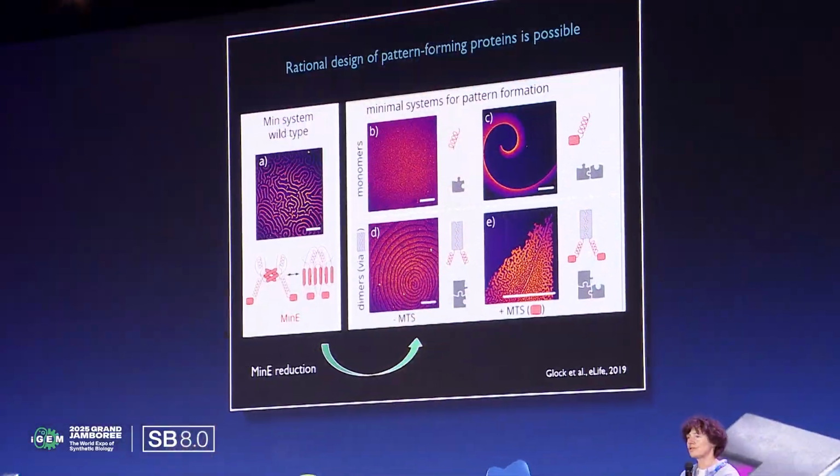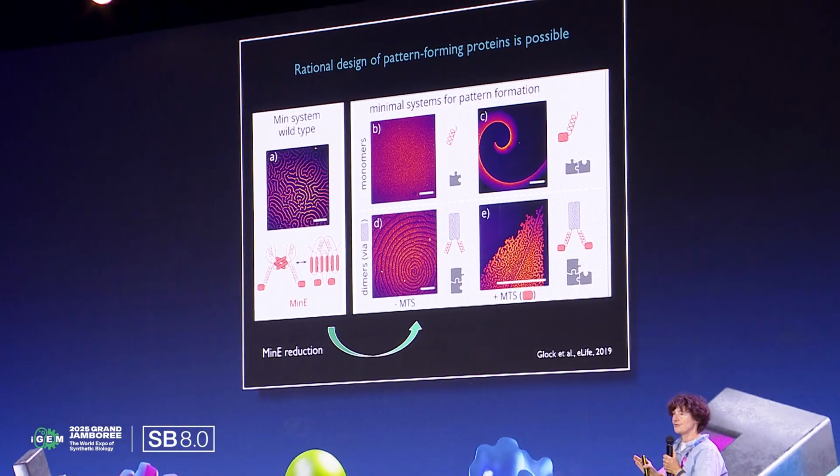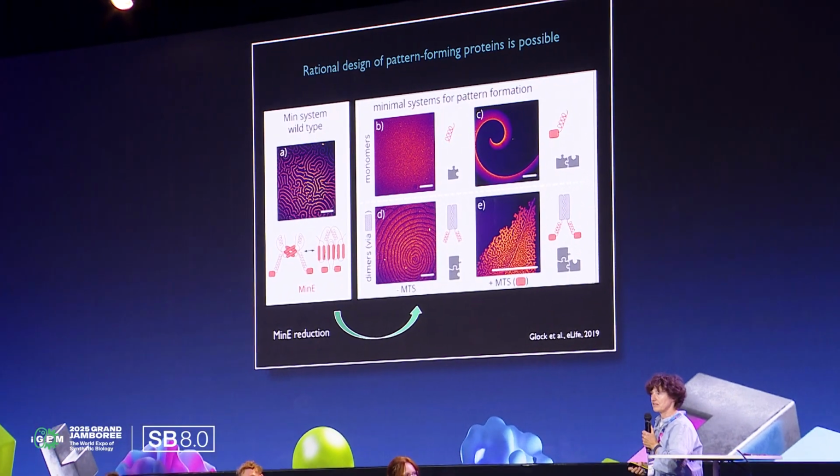Okay, so since these Min proteins are actually doing a lot of cool stuff, we figured that it might be nice to engineer something that is similar to the Min proteins, but simpler. And we have actually found that you can take one of these, MinE, and dissect it in different parts, and can actually learn from dissecting the different functional parts of the molecule what are the most important motifs of this protein to be able to form these exciting patterns and functions.